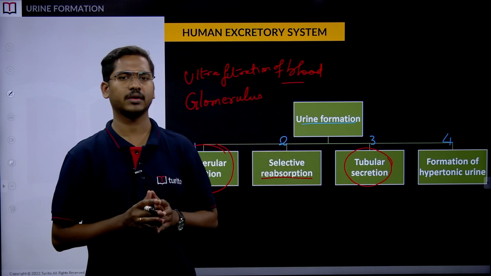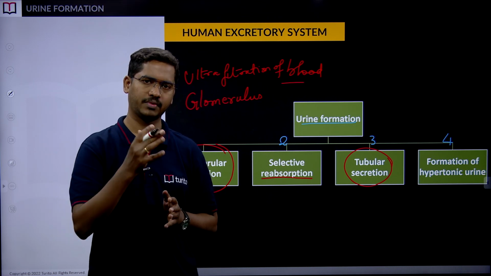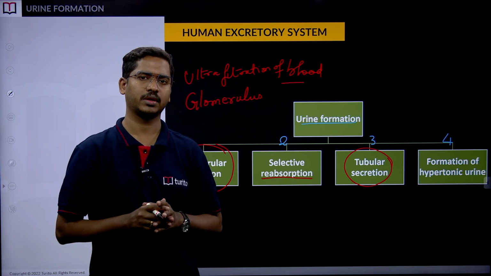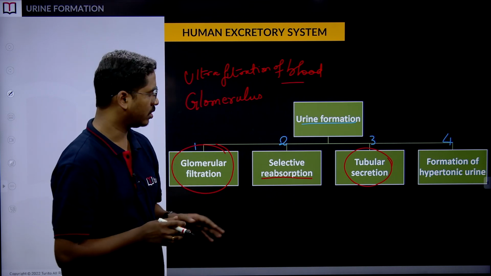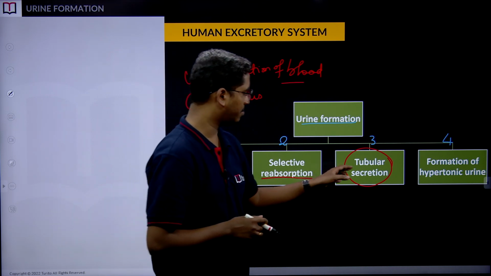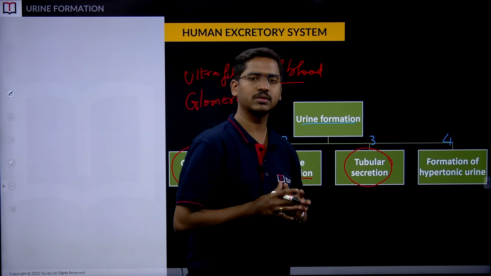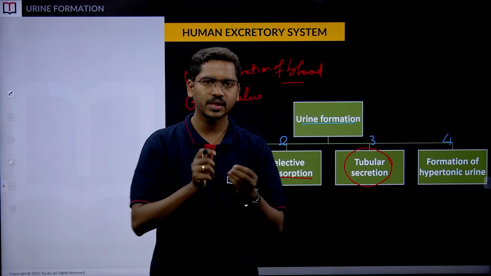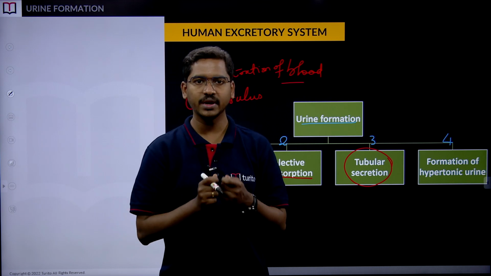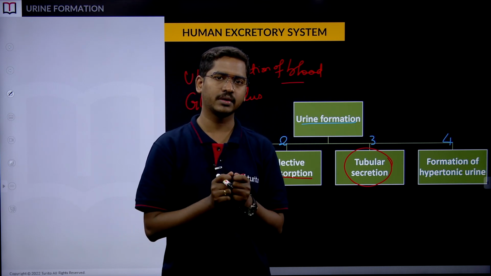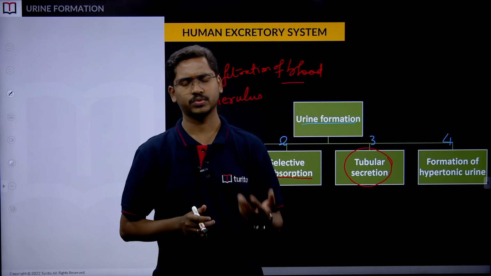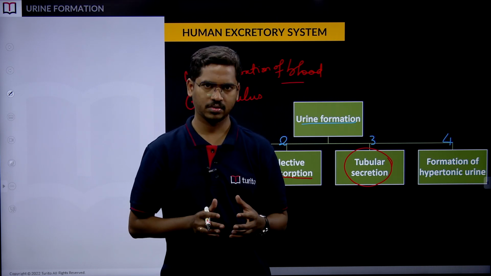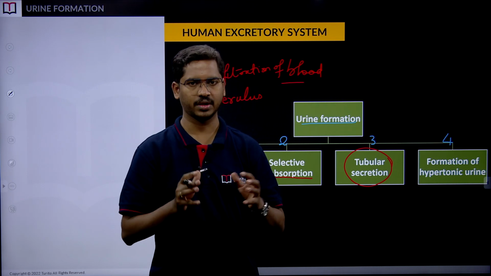So, you have the loop of Henle, okay, and one more tube called the DCT, the distal convoluted tubule. They all are functioning in a way. Now, here what happens, tubular secretion means a few substances are given into the filtrate, that means they are secreted by the tubes, most probably potassium ions and sodium ions, okay, they are all secreted there.